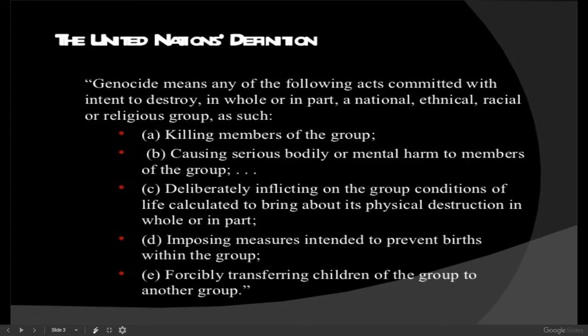Killing members of the group, causing serious bodily or mental harm, deliberately inflicting on the group conditions of life calculated to bring about physical destruction in whole or in part, imposing measures intended to prevent birth within the group, or forcibly transferring children of the group to another group. So they are trying to eradicate this type of person that they feel is unworthy to be part of the world.